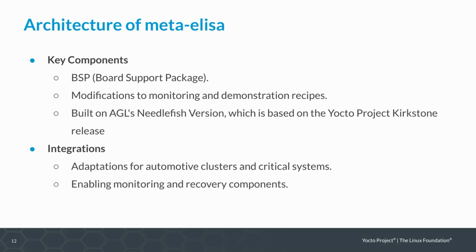And in these layers, the example we're going to show is built on AGL, Automotive Grade Linux. They use the Needlefish version of AGL, which is based on the Kirkstone release of the Yocto Project. This is the current release that they support. So they have some integration with the AGL automotive cluster, and then enable some monitoring and recovery components.